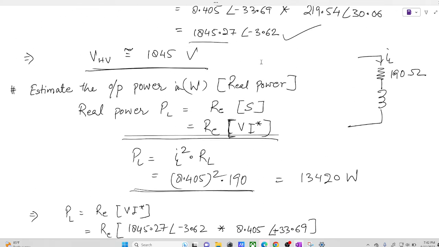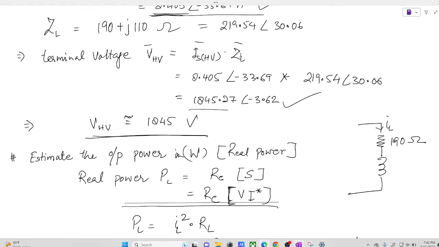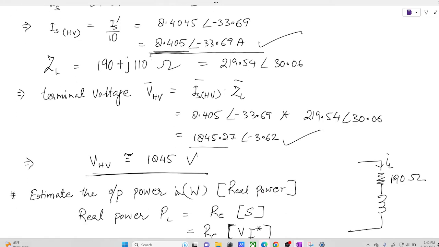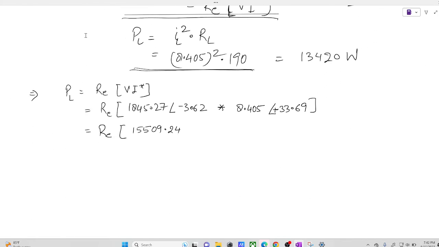Oh, yes. Just now we calculated that the current for the high voltage side is this. To calculate the load power, we will use this current only because this is flowing in the high voltage side and the load is connected at the high voltage side. Clear? Okay, okay.